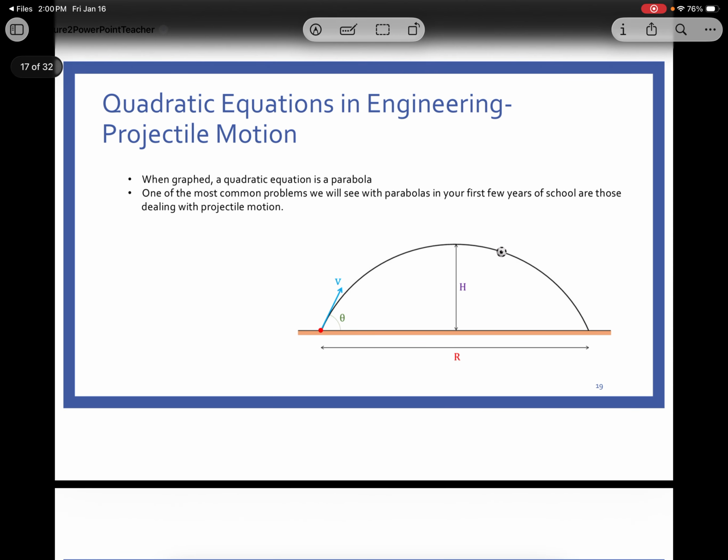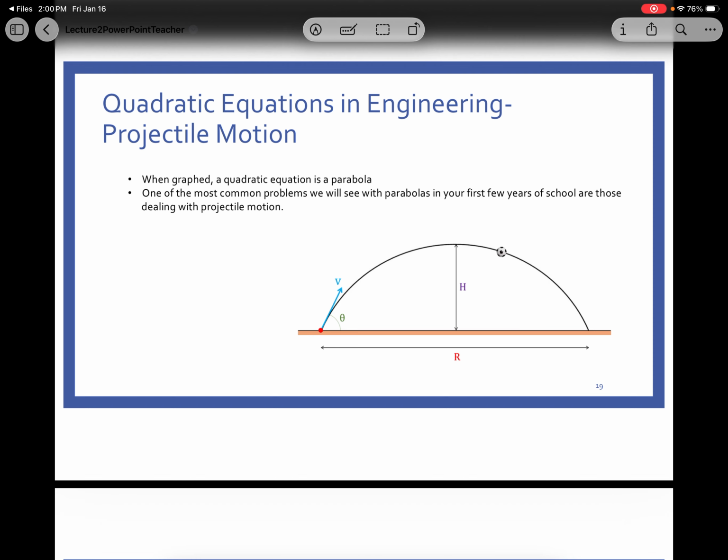Okay, so we talked about in our previous class where we'll use the solution to the quadratic equation. This is projectile motion. And essentially, projectile motion is another kinematics problem, but again, we're moving in the x and the y direction.